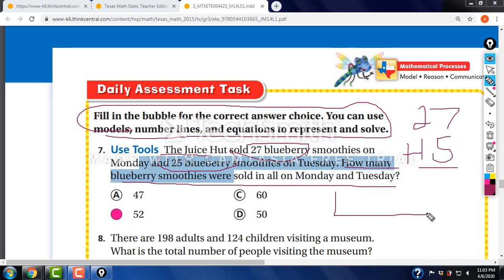You could have created a strip diagram where you have these two, and then here would be your question, total number of smoothies sold. Or you could have also created a number line, where you count by tens and ones. So whichever method you used, you should have gotten an answer of 52.